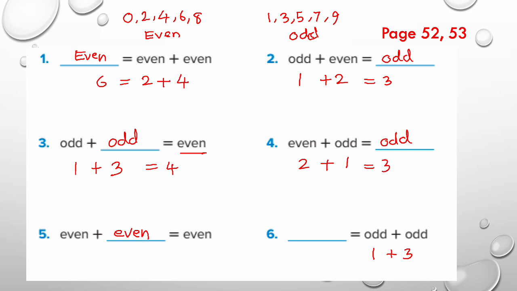So if you add an odd number with another odd number, the answer will be even number. That is 4 here, which is even number. So you can expect one question like this to find the missing type of number, odd number or even number. Practice this well.